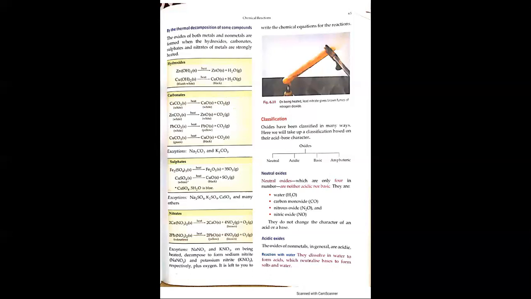SO2, when it reacts with water, forms sulfurous acid, and SO3 forms sulfuric acid. Dinitrogen pentoxide, N2O5, forms nitric acid. A compound that is obtained by removing the elements of water from an acid is called an anhydride.